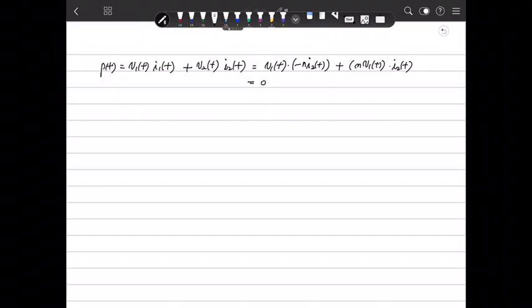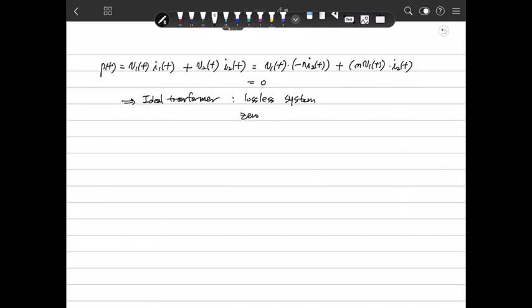Therefore, that is 0. That means the transformer is a lossless system.